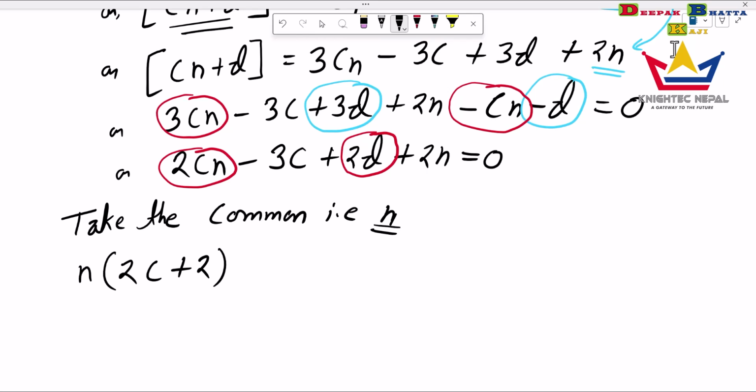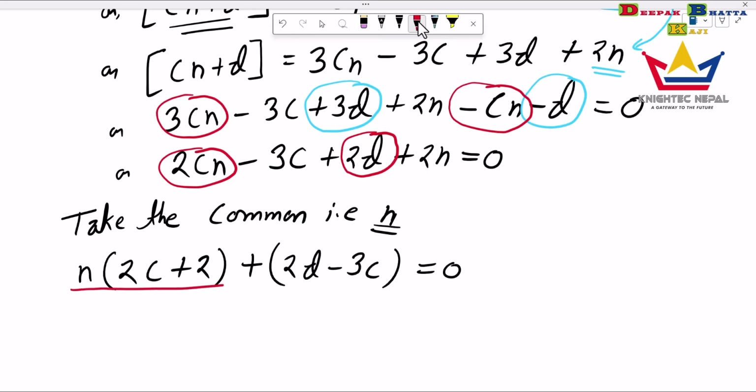Then plus 2d minus 3C. So 2Cn plus 2n, we take the n common and write n(2C plus 2) plus 2d minus 3C as it is equals to 0. So now okay, I will make it clear.